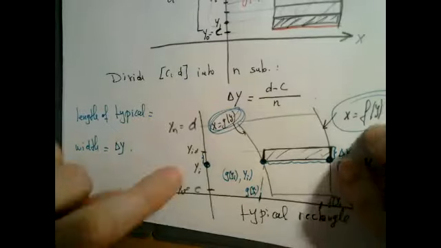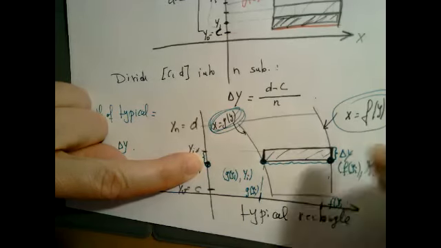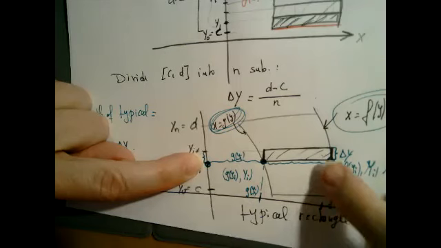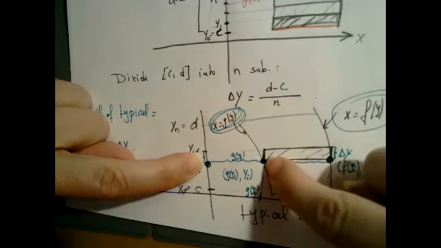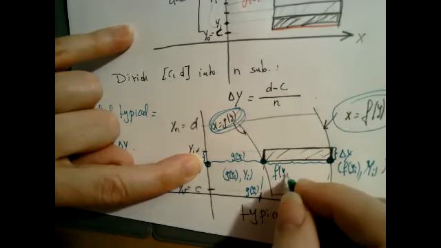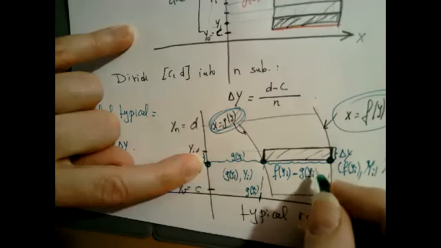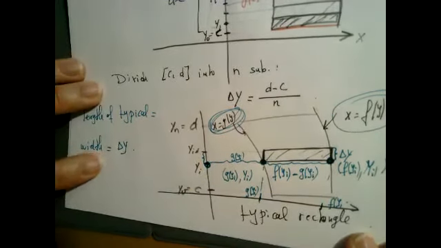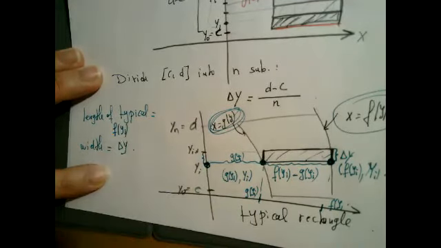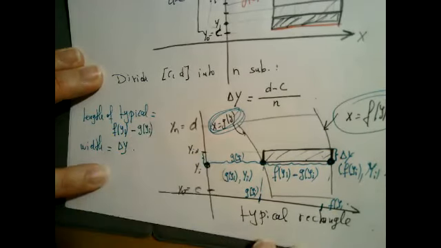So what's going to be the length? That's f of yi from here to here. You're going to take away g of yi. So it's f of yi, because that's the graph, minus the g of yi. So the length is going to be the value at yi of the right function minus the value at yi of the left function.